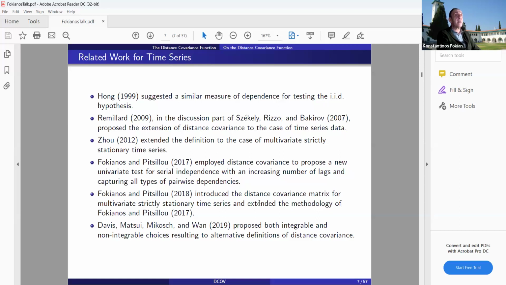Even though Zhou has done this for multivariate time series, we take a different point of view and define a matrix auto-distance covariance function, as I will explain next. And then more recent work is by Davis, Matsui, Mikosch, and Wan, where they consider W to be integrable and non-integrable, and give many asymptotic results based on this.